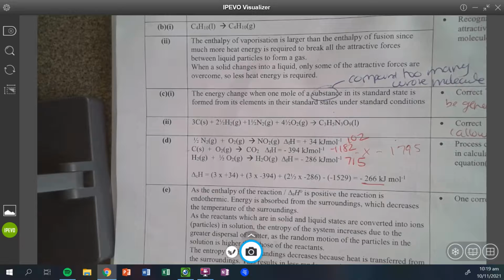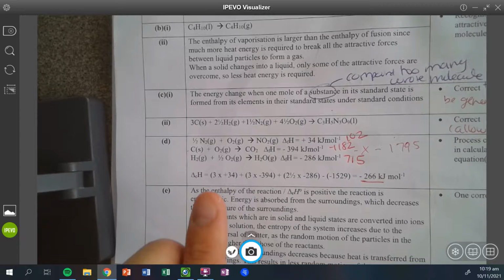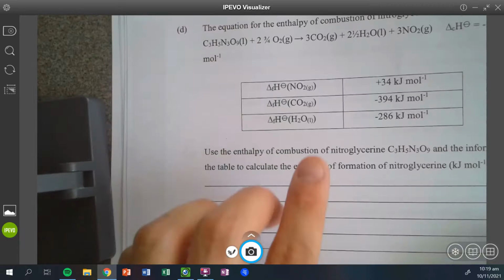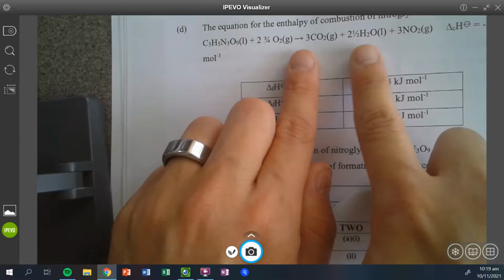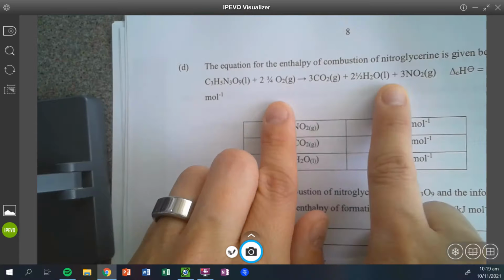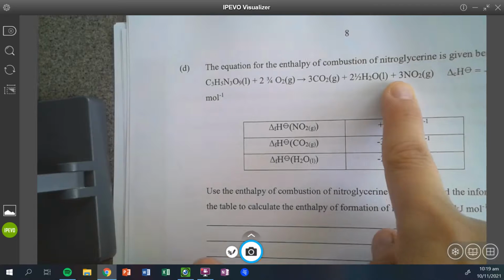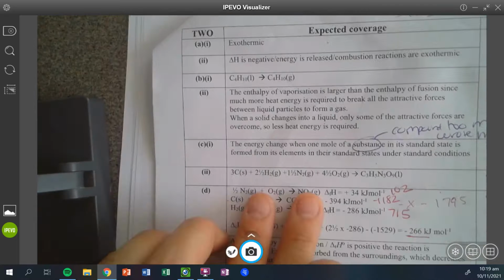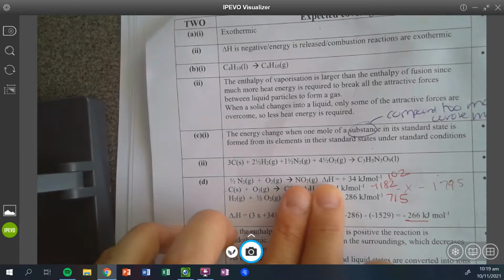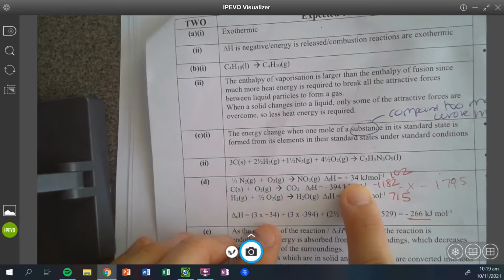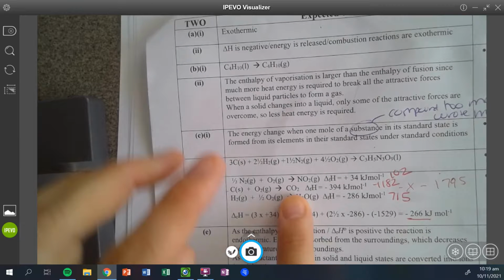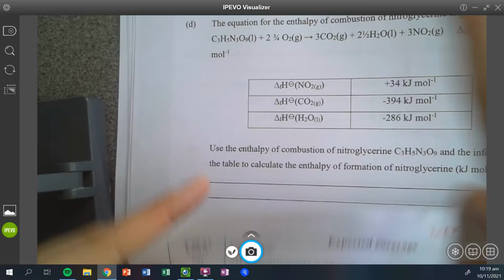Can you explain the process, like for each formation equation, how many numbers were meant to go with each one? Yeah, so that has to do with the coefficients that you got over here. So that 3, that 1.5, and that 3 again. For the nitrogen dioxide, you should have multiplied this number by 3, that 34. For the carbon dioxide, you should have multiplied it by 3 again.